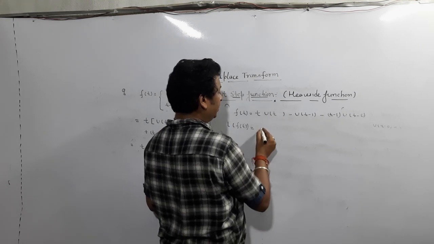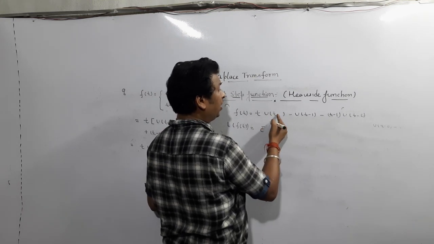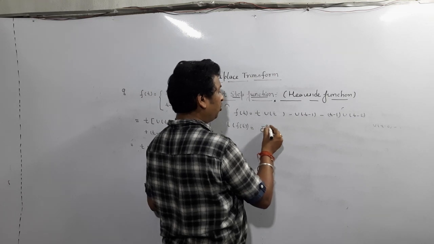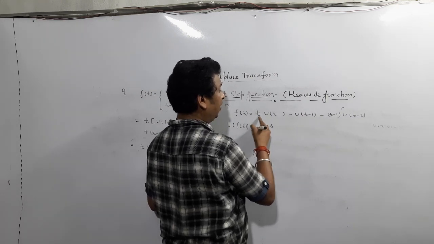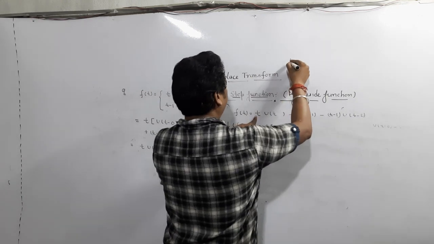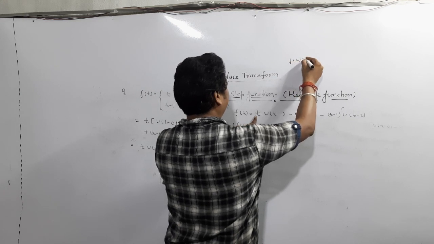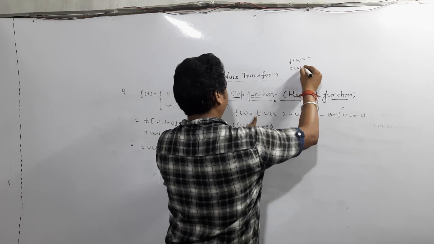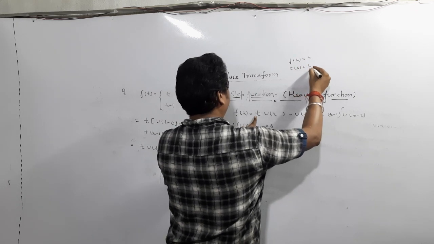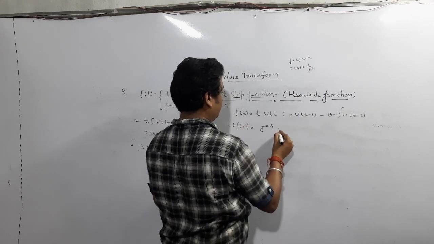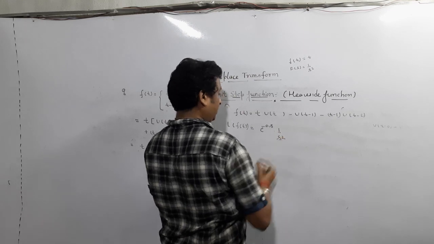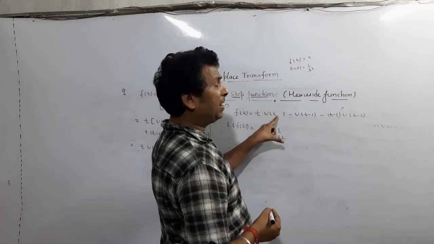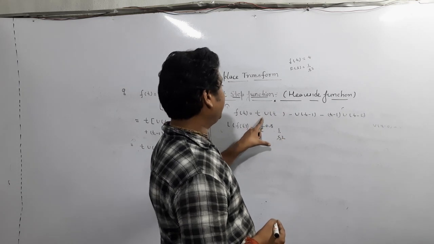What is the result? e to the power minus as, what is a value? 0. So e to the power 0 times F(s), where f(t) is t. So what is F(s)? 1 by s square. Correct? Because u(t − a) has a value 0, and f(t) is t.